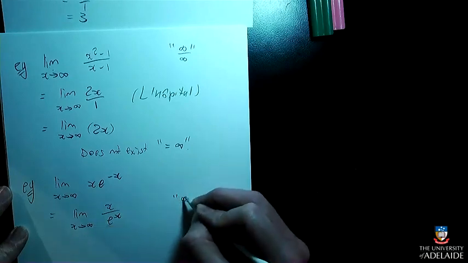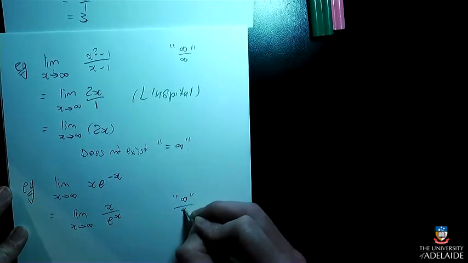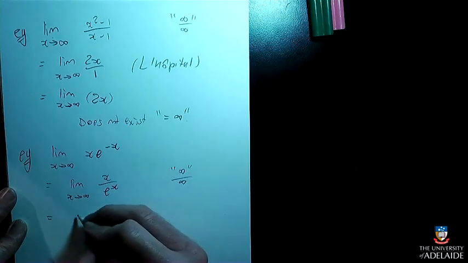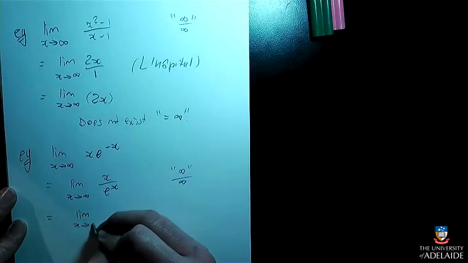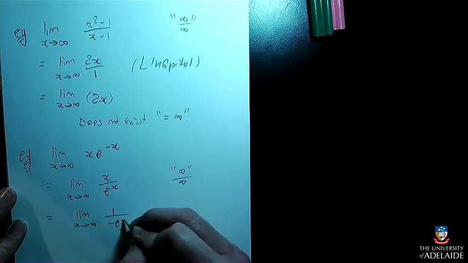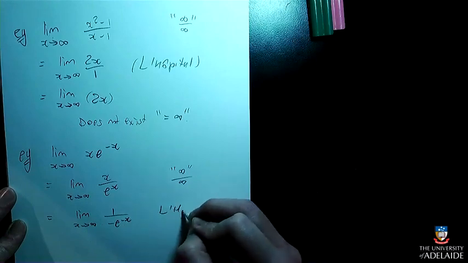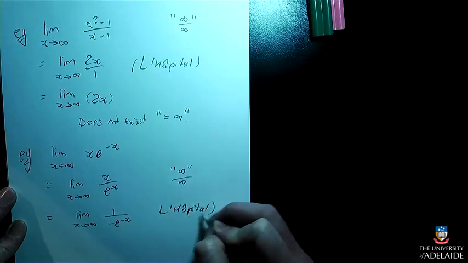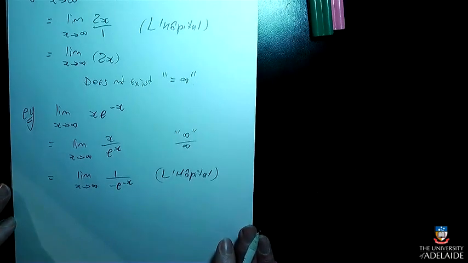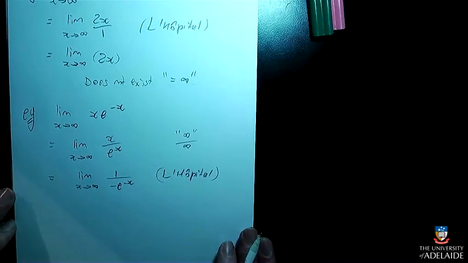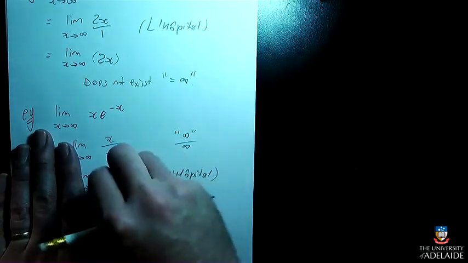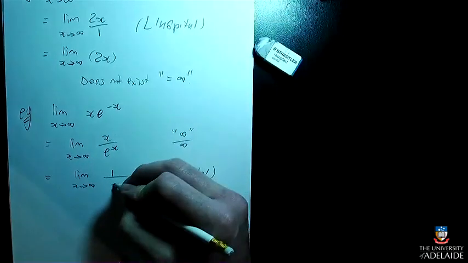And that's an infinity over infinity. And so I can do L'Hopital's rule. Oh, that's not a minus x. I'm making that wrong. It's just e to the x when you differentiate e to the x.